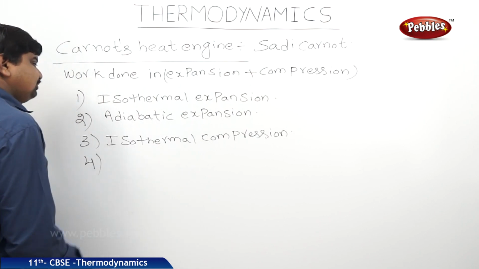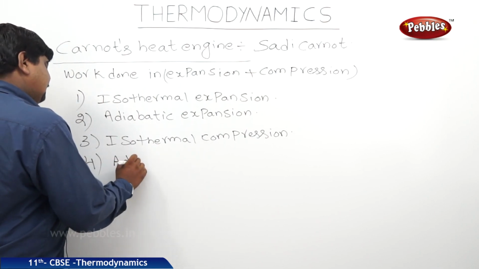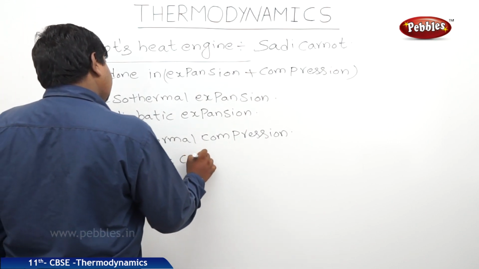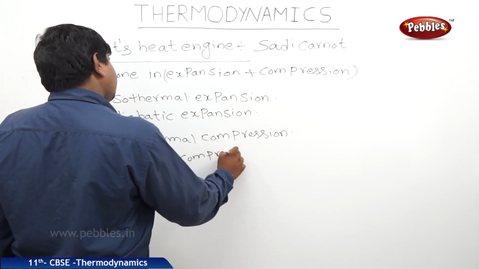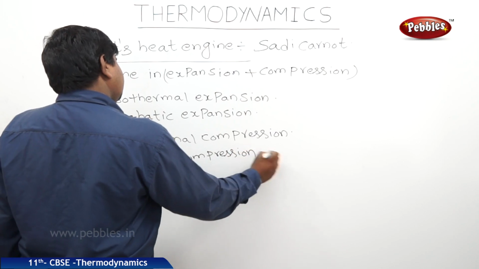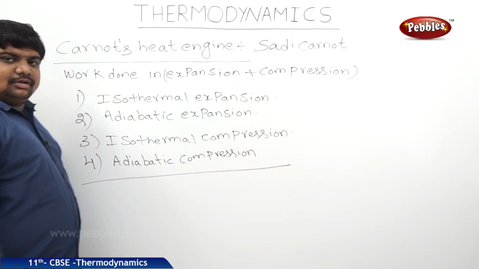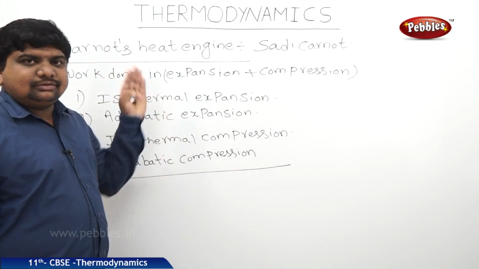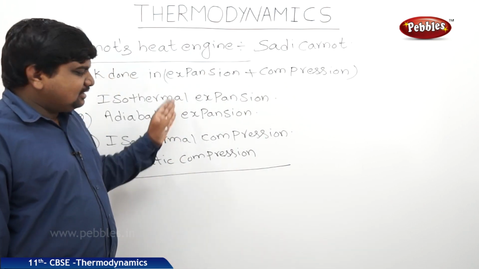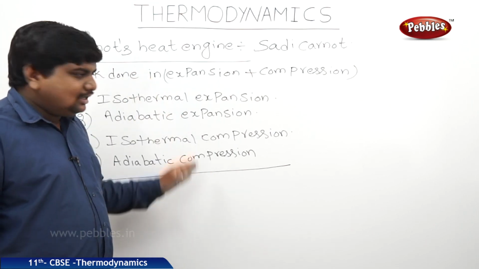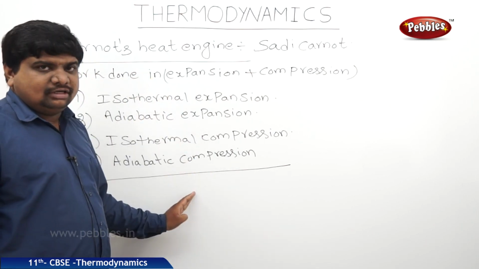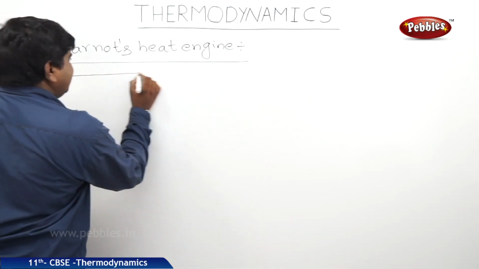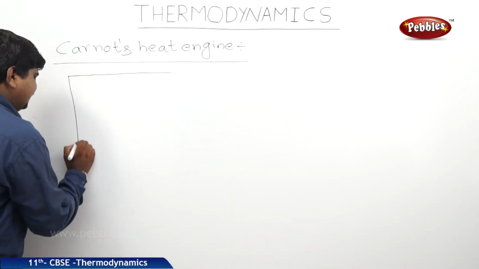Fourth stage, adiabatic compression. These are the 4 stages involved in converting heat energy to work. Now we will see the block diagram of this heat engine and we will analyze the whole work. So the block diagram for the Carnot heat engine and the steps involved is like this.